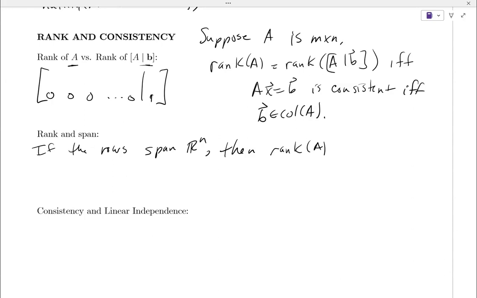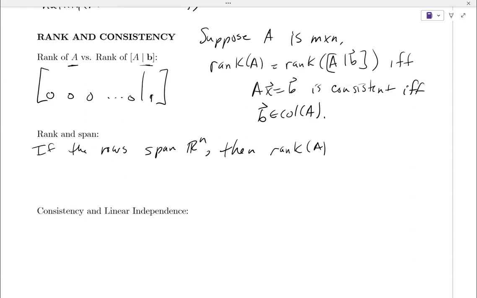All right? Gotta be careful here. I'm saying the wrong thing here because that's not what I mean.